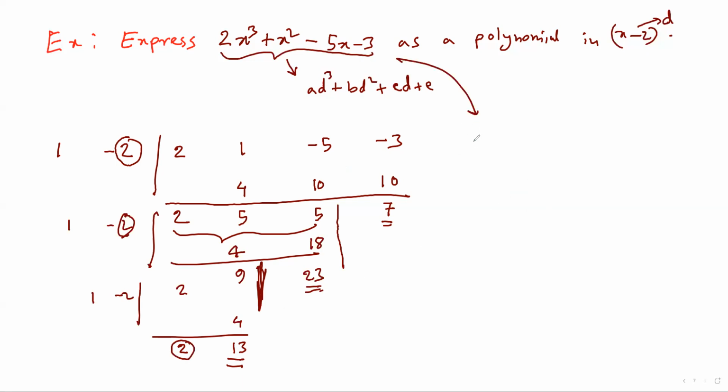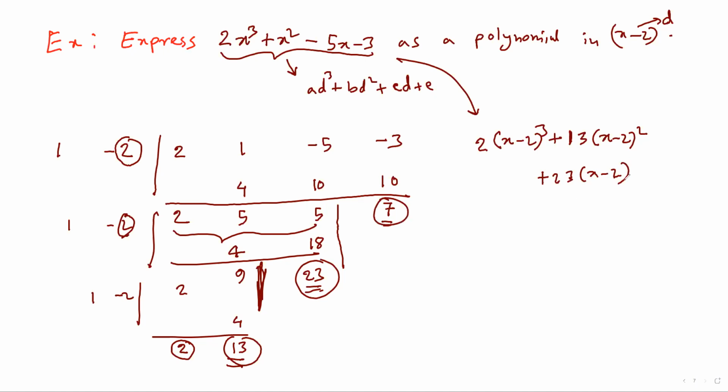So this guy is just 2 times x minus 2 whole cube plus next remainder is 13, so 13 times x minus 2 whole square plus next remainder is 23, so 23 times x minus 2 and last remainder is 7, plus 7.